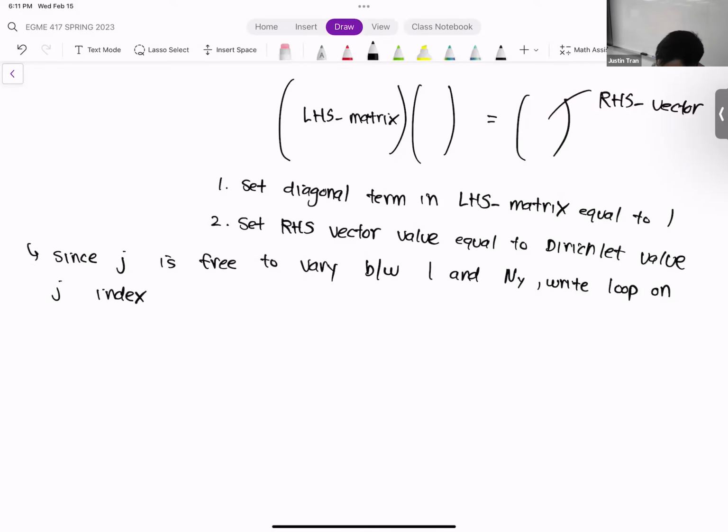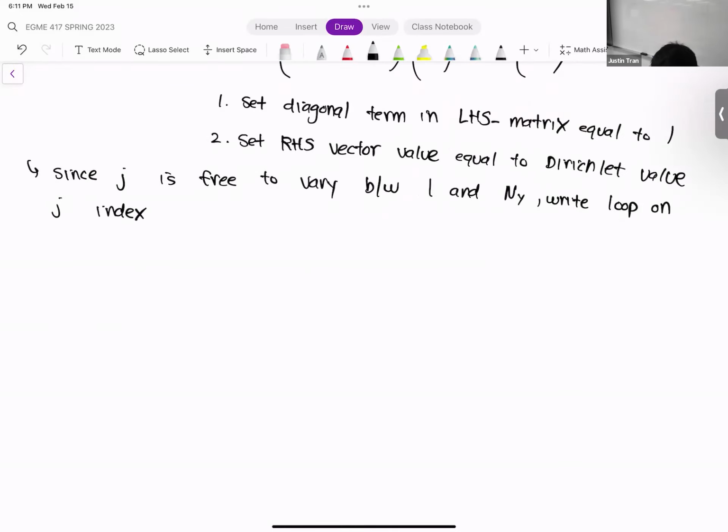So for J equal to 1, we're going to go from 1 to ny. This ensures that we visit every instance of J. And then inside this loop, we're going to perform the modifications to our left-hand side matrix.